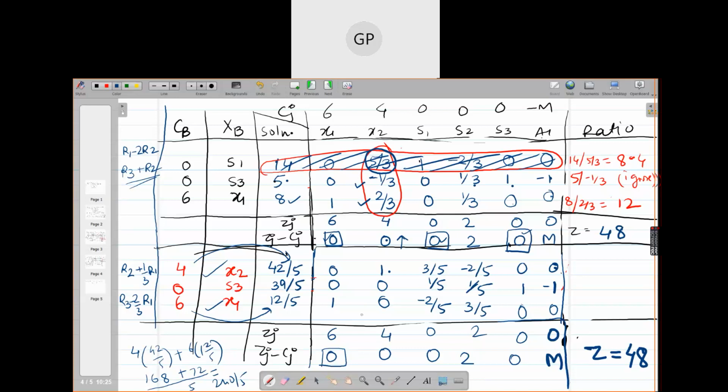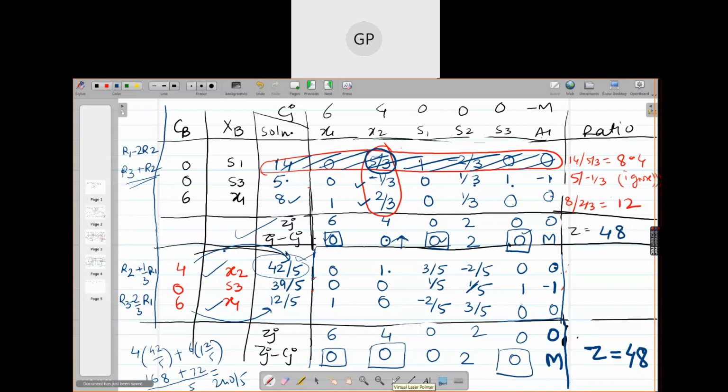If the question says show that the problem has an alternate solution, you need to understand the answer of x2. From this table, what you can interpret only is that you can enter x2 in the solution, right? But can you tell this answer, 42 by 5? No. That's why it is necessary, okay?